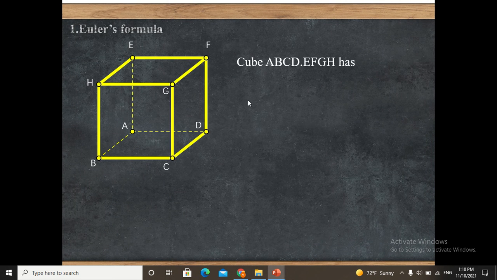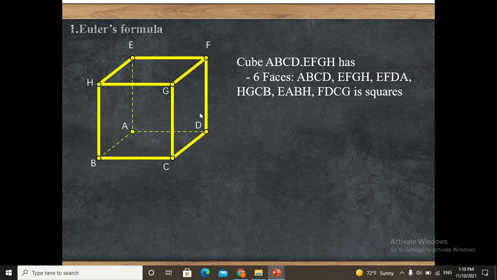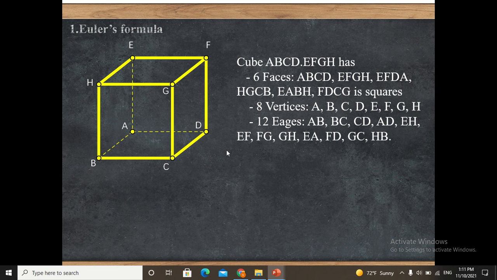Euler's formula. The cube ABCDEFGH has 6 faces. It has 8 vertices: A, B, C, D, E, F, G, H. It has 12 edges: AB, BC, CD, DA, EF, FG, GH, HE, and HB, EA, FD, GC.